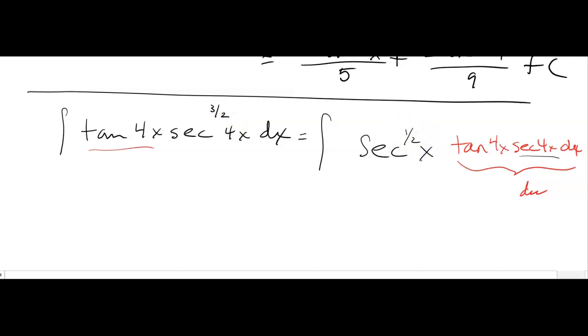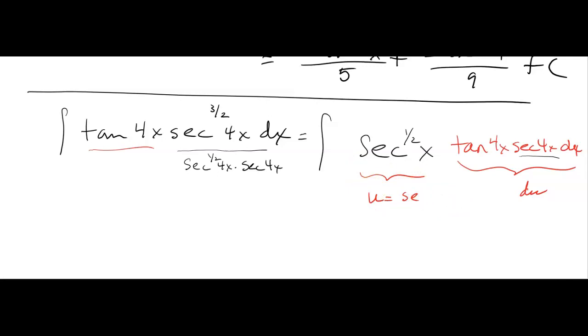All I basically did is took this and broke it into secant 1/2 4x times secant 4x, because 1 plus 1/2 is 3/2. I did that so I can get that derivative that I need, and then it'll work.